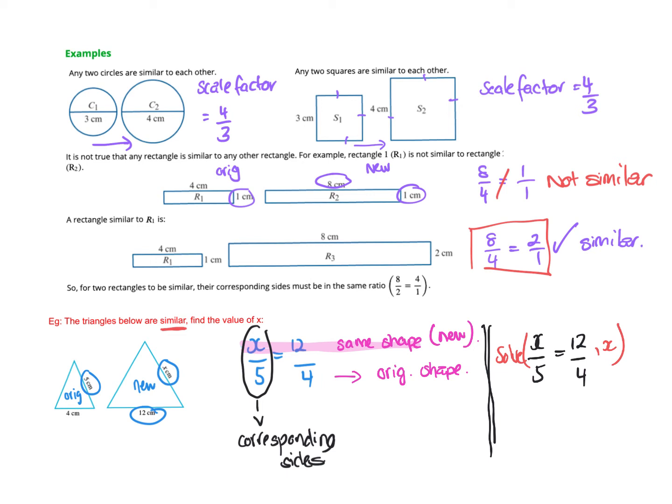So if you're not quick at rearranging, just put it in the calculator exactly how you've set it up. That's fine, and do the solve. Okay, sometimes I think just going with one method and doing it every time, you'll find you go better. All right, so I get X equals 15 centimeters. So there, I found that one.